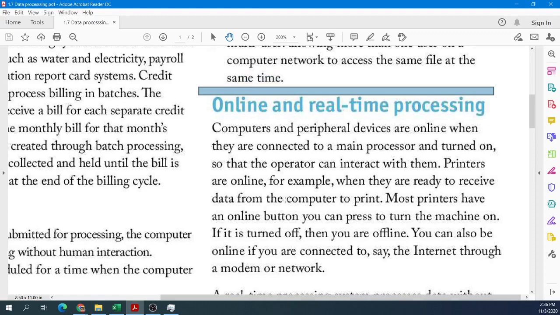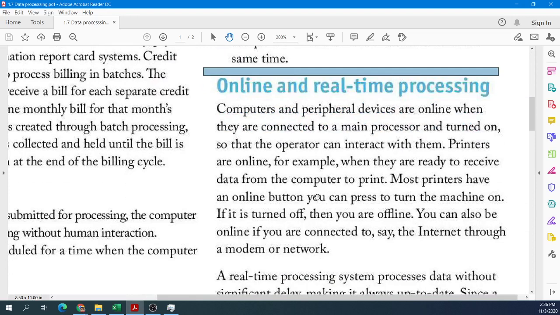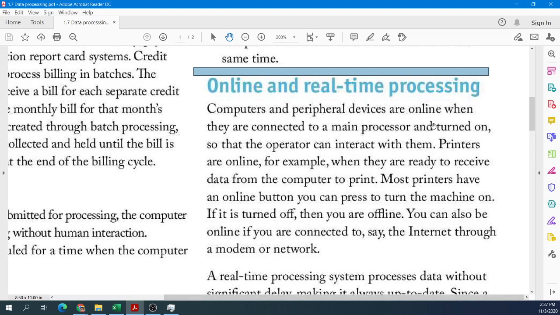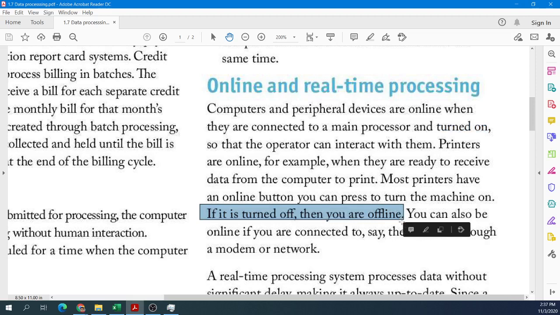Good. So I'm going to take this paragraph here first because I want you guys to understand the difference between online and real time. Because when it means that you're online, it basically means that the device is turned on. So that's the simplest way to remember it. If it is offline, it means that the device is basically off.